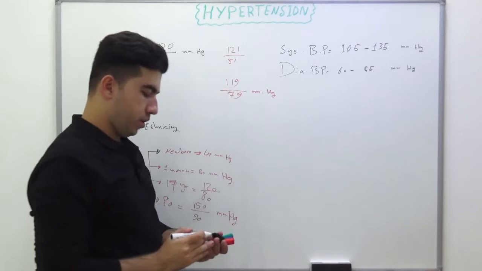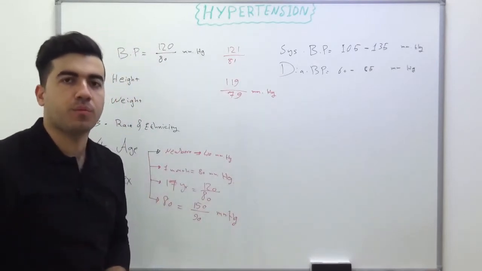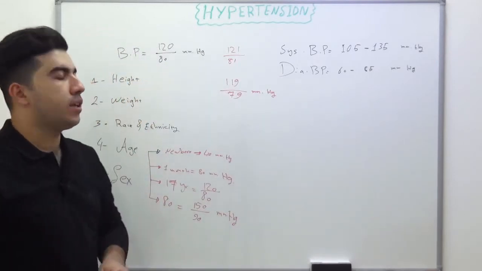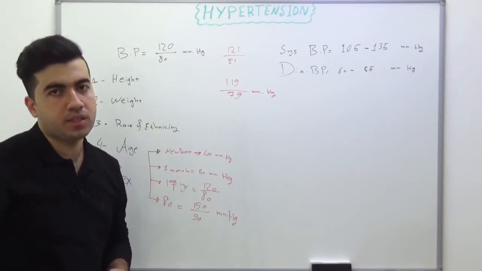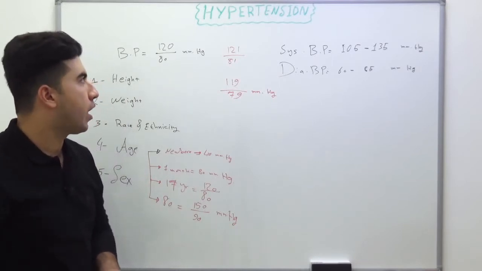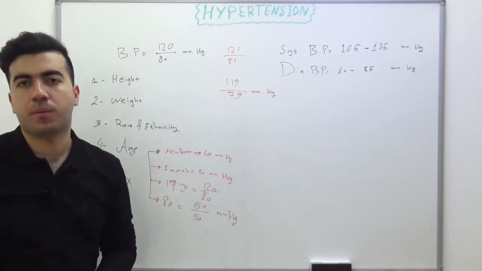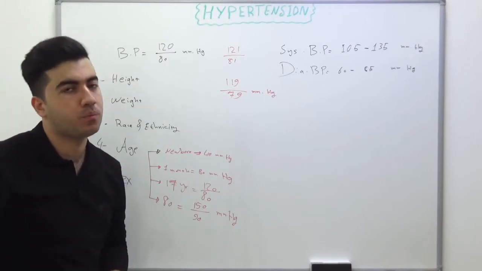So anyone who has a slightly higher blood pressure than 120/80 should not be considered hypertensive. We have so many physiological variations that determine the average blood pressure in a population.